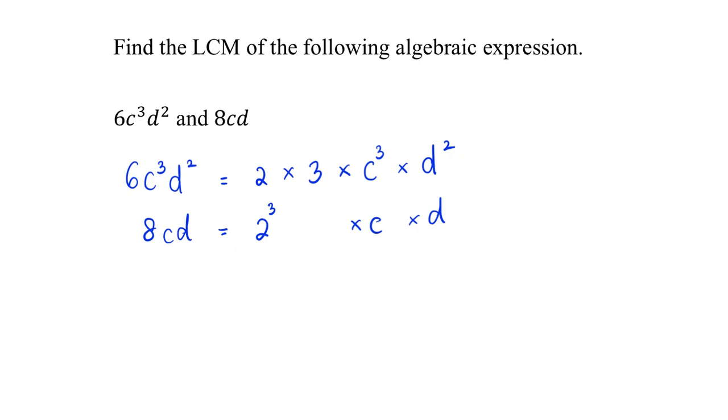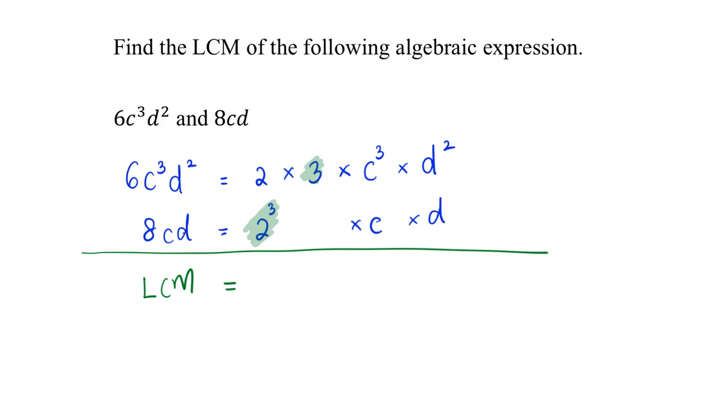And now, in order to find my LCM, I need to choose the one that has the highest power. 2 power 3. 3 compared with nothing, 3 is the higher power. c power 3, d power 2.